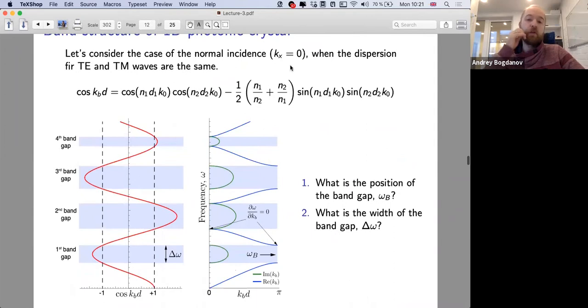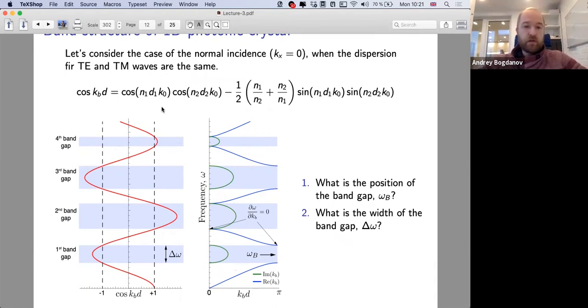So, just for normal incidence, when there is no difference between TE and TM waves. On the left side we see a cosine function. It means that the cosine cannot be bigger than 1 or less than -1.